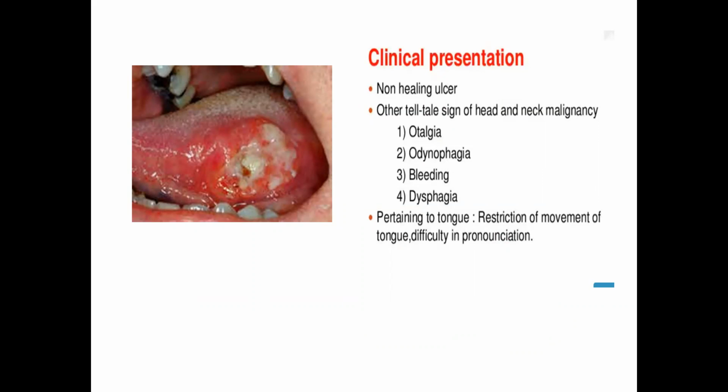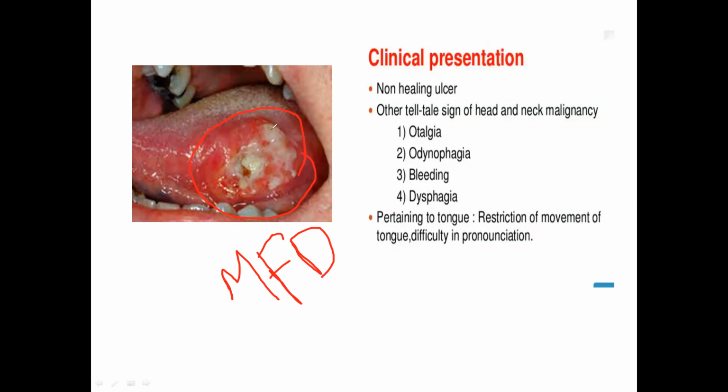So for one of the conditions, I brought the clinical presentation. What do you think this condition is? This is oral squamous cell carcinoma, the squamous cell carcinoma of the tongue. In the MFD2 exam, they give you a scenario because there we have to write. They ask, what is the clinical presentation?